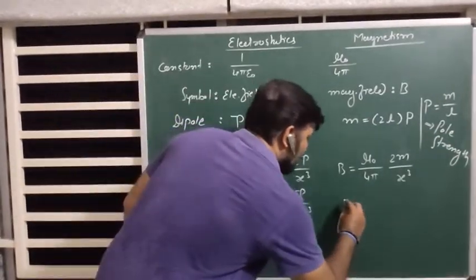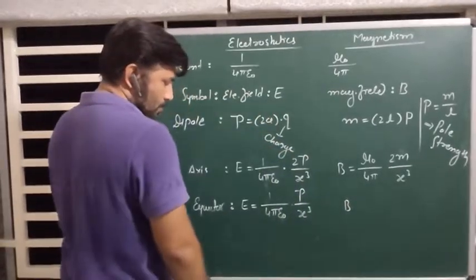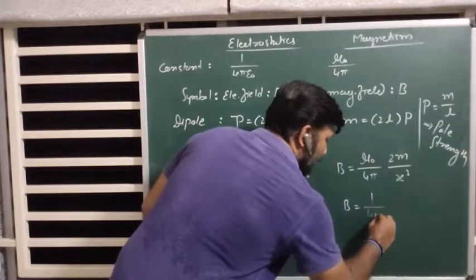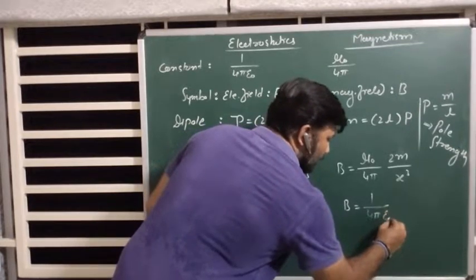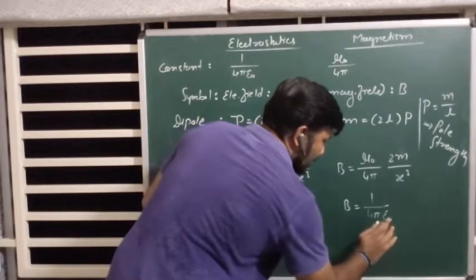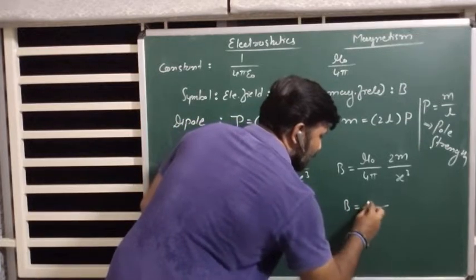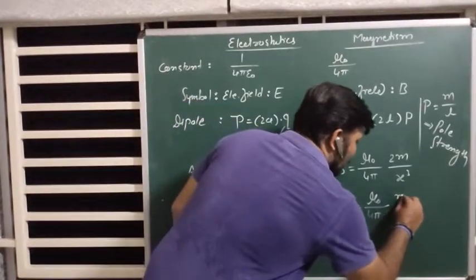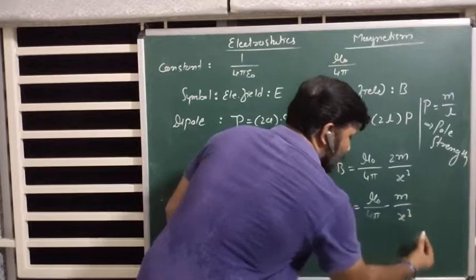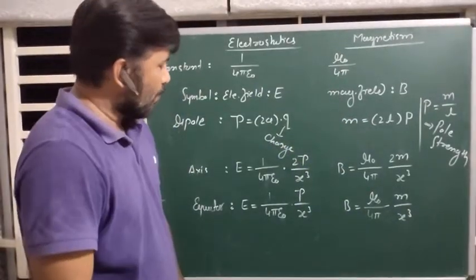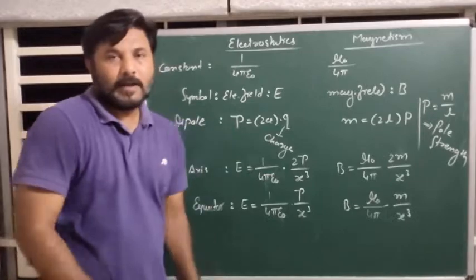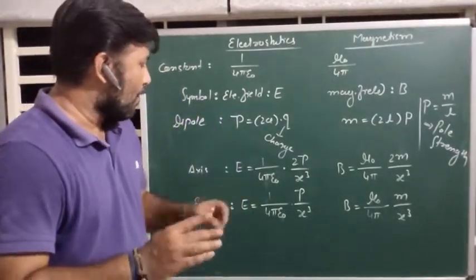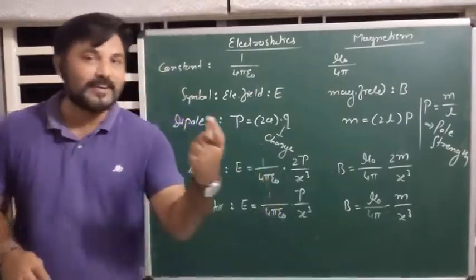Instead of E, B; 1 upon 4 pi epsilon 0, but 1 upon epsilon 0 is nothing but mu 0, so there will be a mu 0. Instead of p, magnetic moment M upon x cube. Okay, these equations are there in our textbook on page numbers 160 and 161. Have a look for a few seconds.